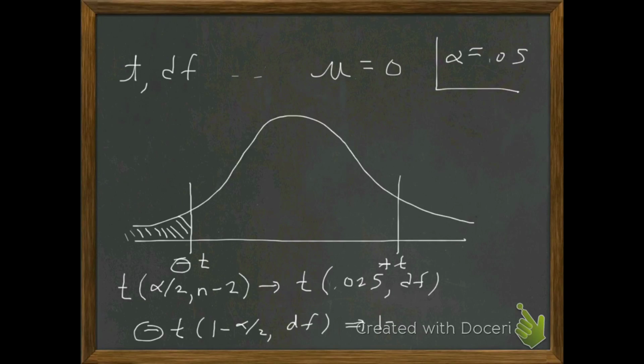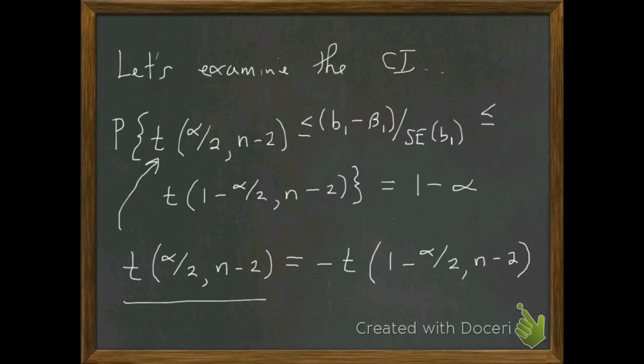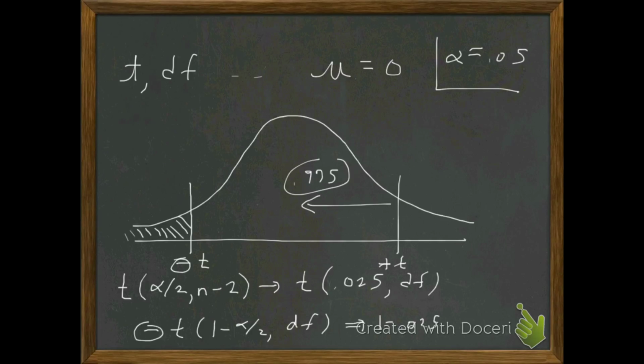So guys, 1 minus alpha over 2 would be 1 minus 0.025, which would be, of course, 0.975. So it's kind of weird. You would think that the way this is set up, the negative would indicate the left value, but it actually indicates the right. It's not heavy duty stuff, but I want to make sure that you see that.